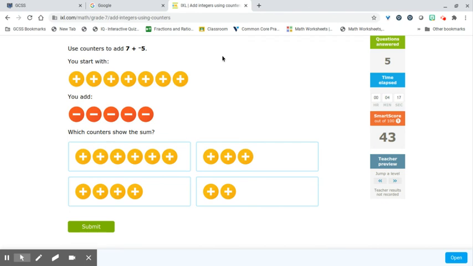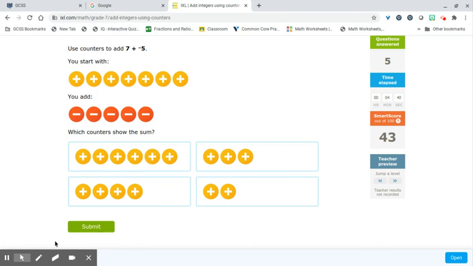Now we're back to a positive plus a negative. Remember the rule, positive plus a negative, the answer is going to get the sign of the bigger number. So 7's bigger than 5 when you do the absolute value of them. 7 is positive, so I know my answer is positive. Well, look, they don't have any negative answers here. They only have positive.